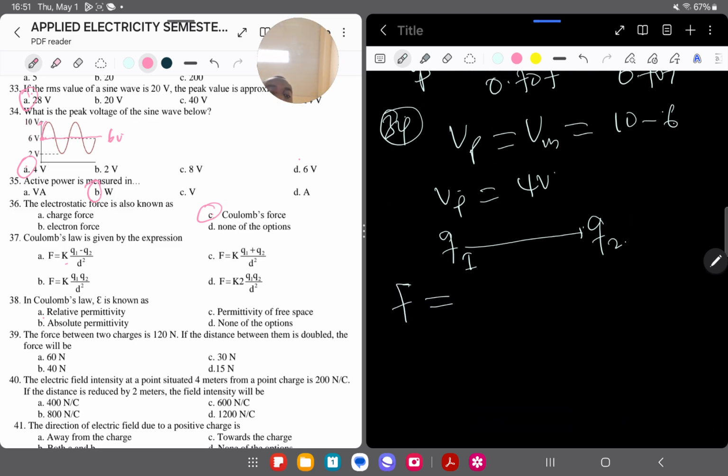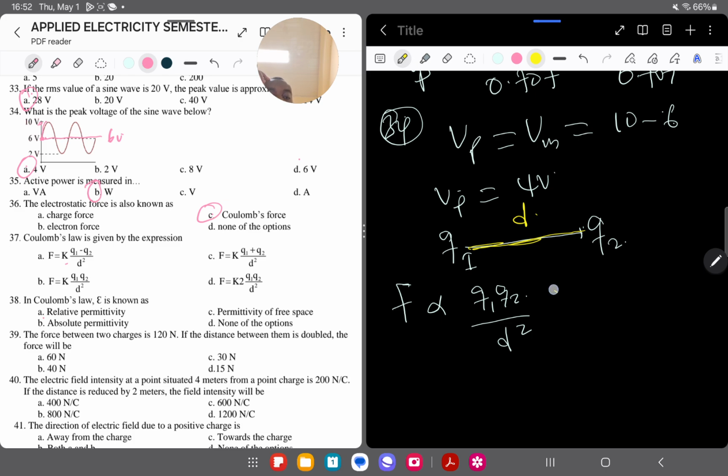you know the force is going to be equal to, or we can say Coulomb's law states that the force between two charges will be directly proportional to the product of the two charges, and inversely proportional to the square of the distance between the charges. So let's say the distance here is d.